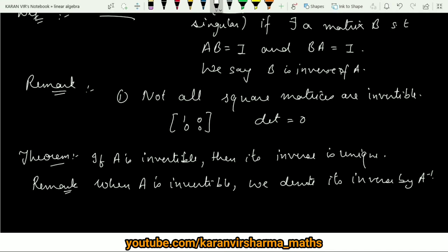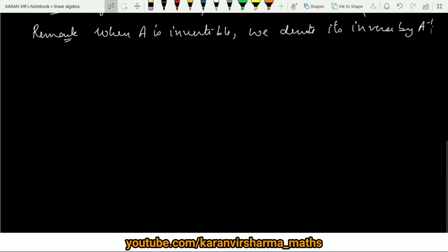Clear? Now moving on to one of the important theorems which I will be using in order to prove the fundamental theorem.